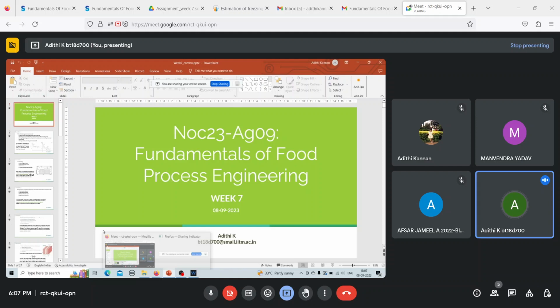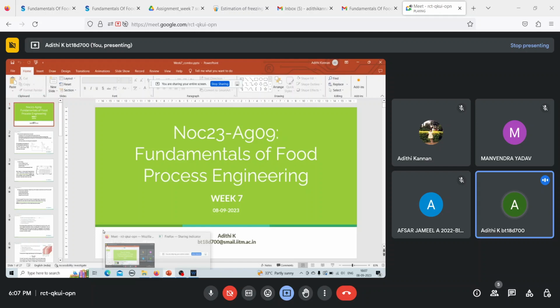Okay, let's consider that we have the food material in the form of a slab, and let Ta be the temperature of the surrounding air, Ts be the temperature of the surface of the food material, and we often assume Ts is approximately equal to Ta. That is, there is not much temperature gradient between Ta and Ts, which is some kind of an assumption that we often make.